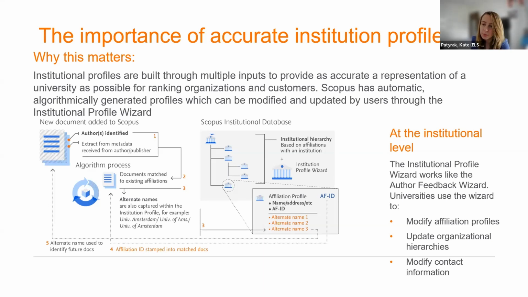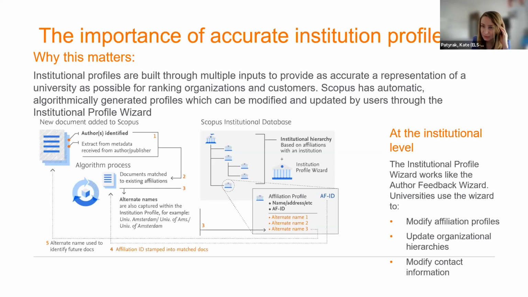The institutional profile wizard works in much the same way as the author feedback wizard, if you've never seen this solution. Universities can use the wizard to modify the affiliation profiles, update organizational hierarchies, and modify contact information, such as names and addresses. So if you are interested in this particular solution, I strongly recommend you contact us.